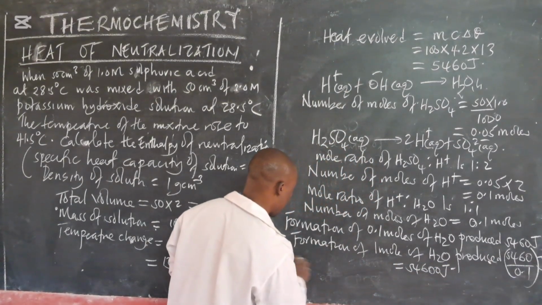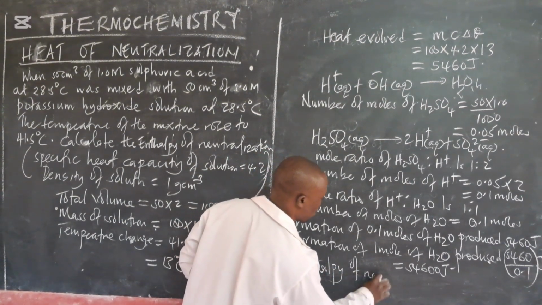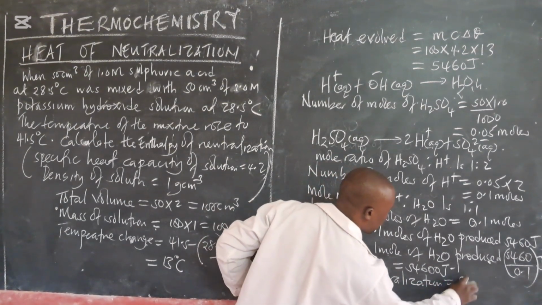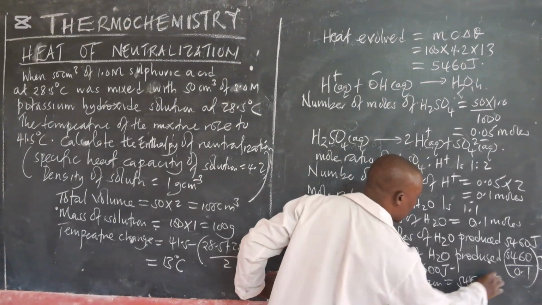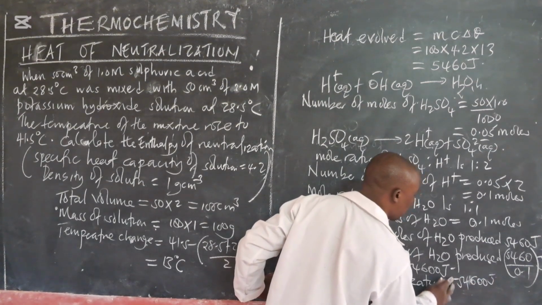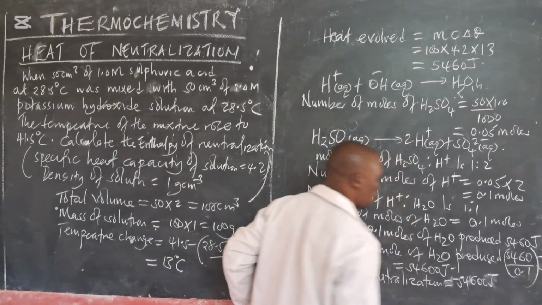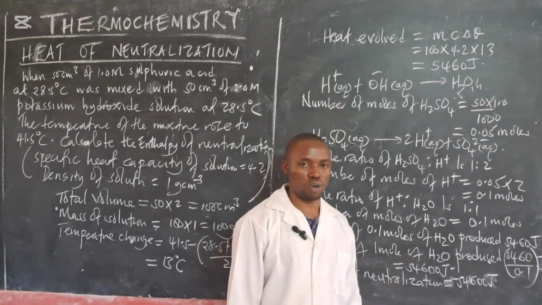So enthalpy of neutralization is actually going to be 54.6 kilojoules, this value in joules, but with the negative, because heat of neutralization is negative. You can leave it in joules or divide it by 1000 and write it in kilojoules per mole.